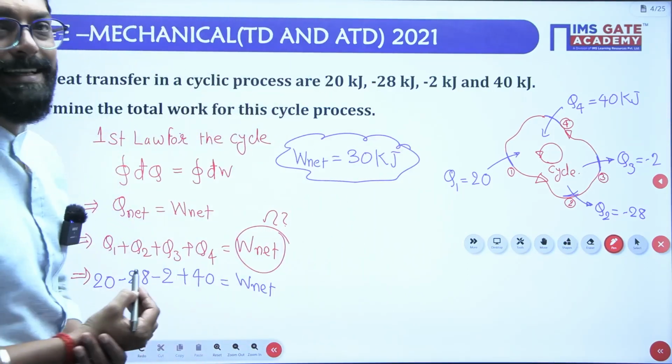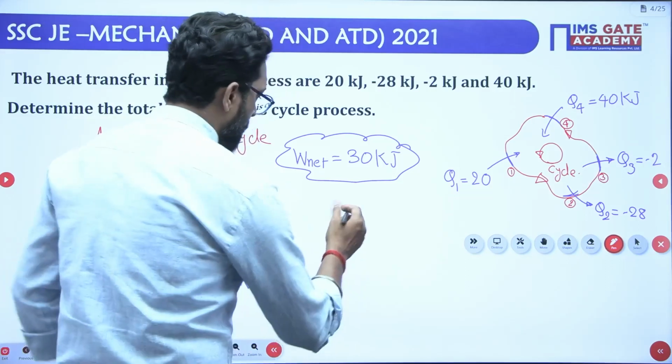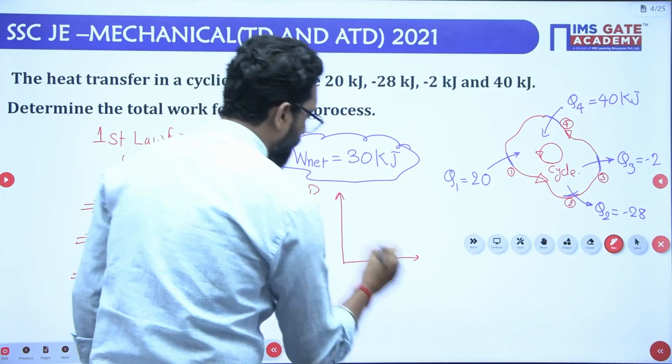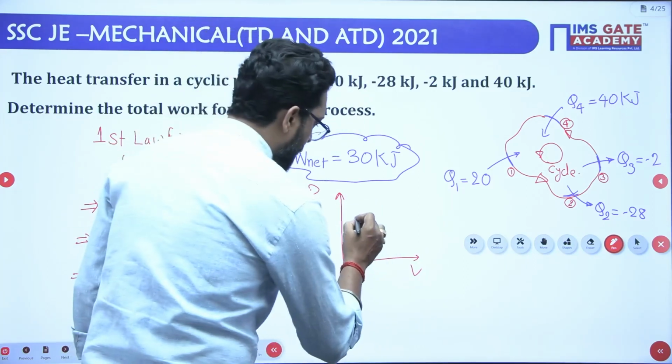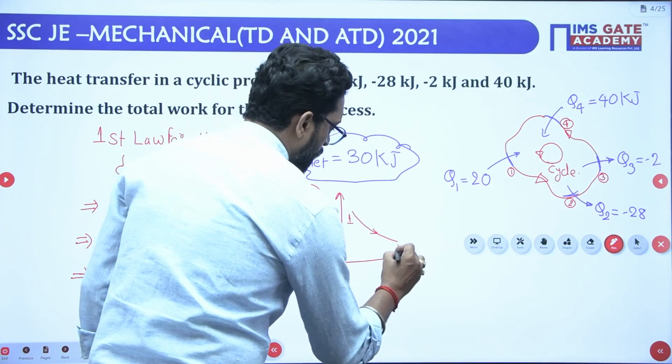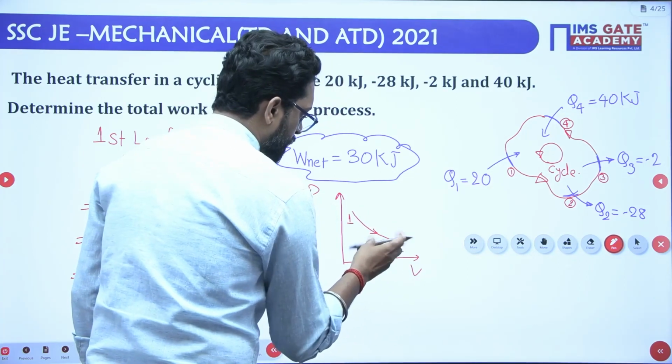So for a cycle, net work, that means on a thermodynamic plane, P versus V, let's suppose there is a process 1 to 2 and again a process 2 to 1.